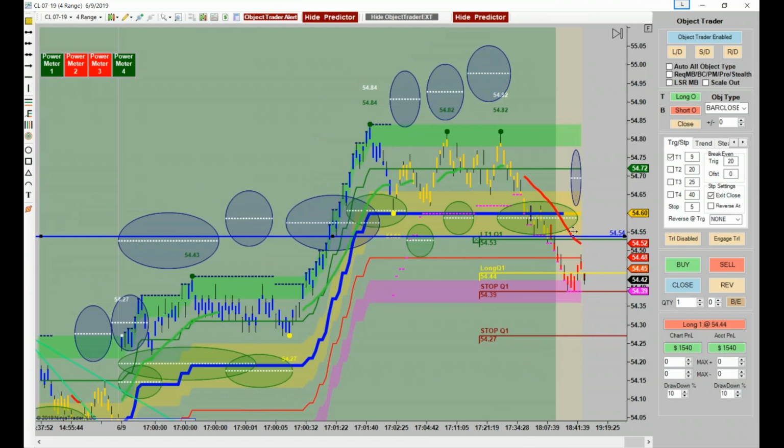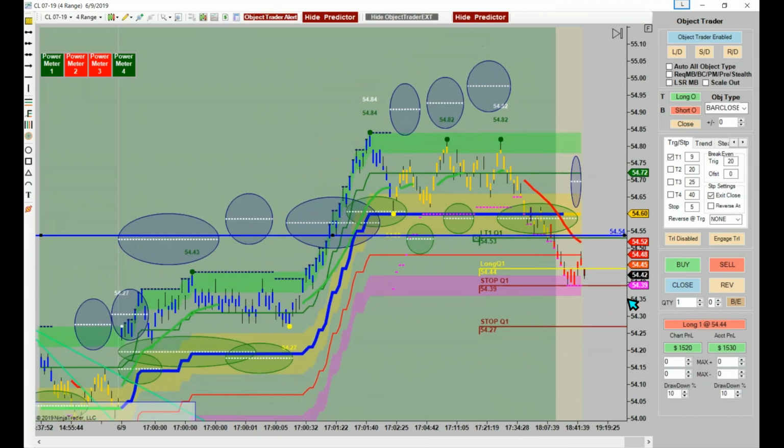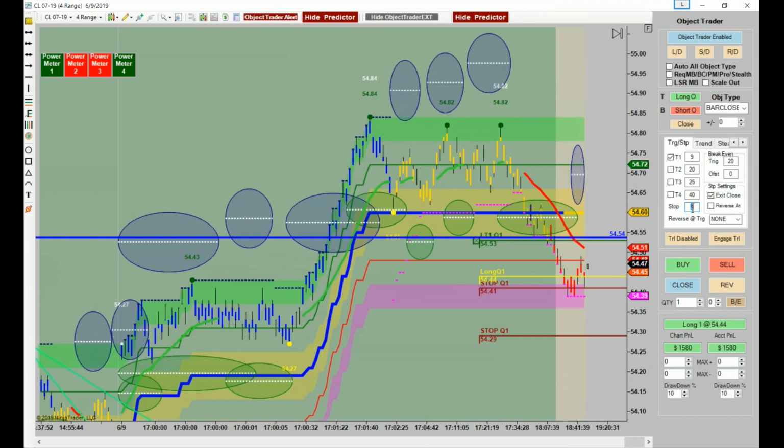If we get a higher low, it'll more than likely go up there. If we get a lower low, obviously it won't. We'll see if it does. I'd probably tighten my stop again just in case. That way I'm only risking 3 ticks. And it looks like we're going to get our target. There we did.